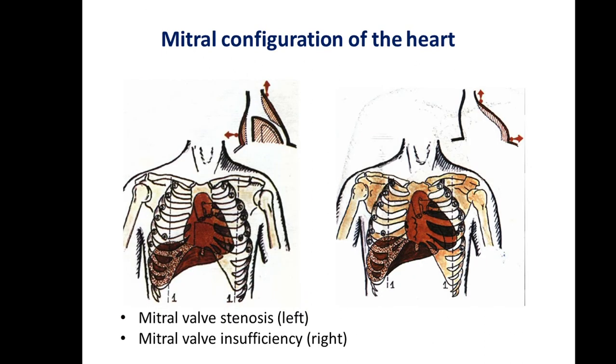And there are two types of configuration of the heart: mitral configuration and aortic configuration. Our heart can change this configuration because of mitral valve stenosis or mitral insufficiency or regurgitation, and because of enlarging left atrium, the configuration of the heart changes into the mitral configuration.